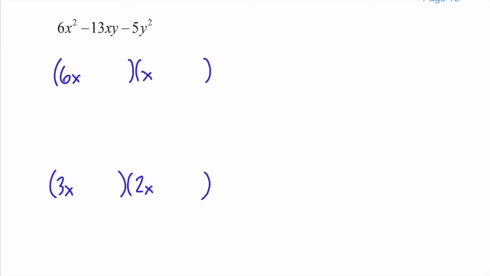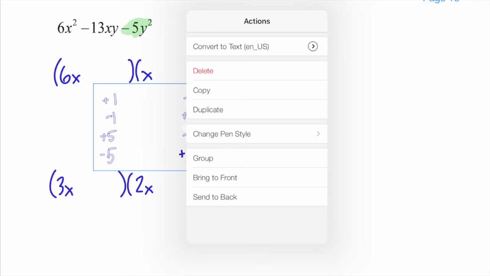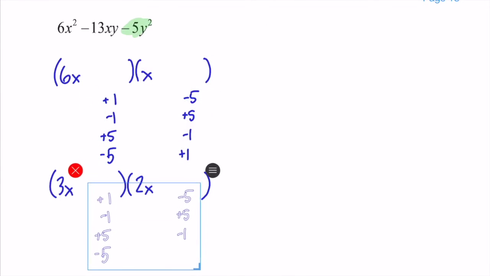In order to multiply to make a negative 5y squared, I can have a positive 1 and a -5, a -1 and a +5, or flip the order, +5 -1, -5 +1. And I'm going to have all of those options again down here.